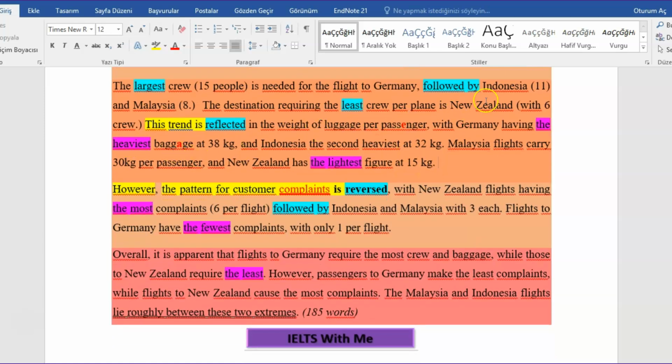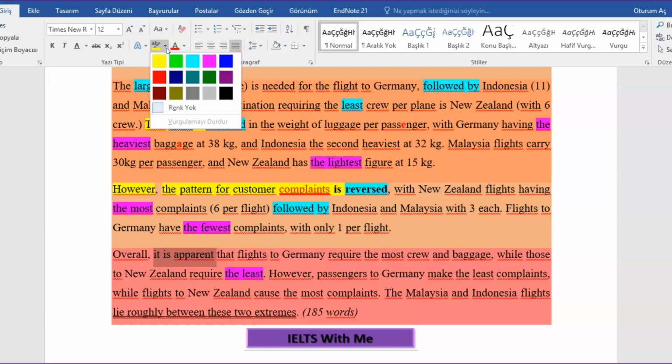Pay attention to the vocabulary that I highlighted in that specific color, okay? Overall, to sum up, all in all, it is apparent, it seems that, pay attention to the usage of impersonal style, right?